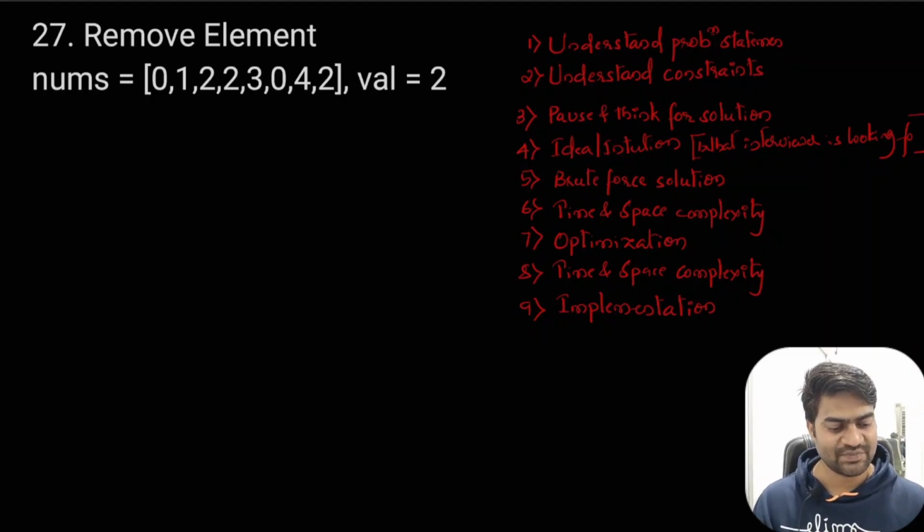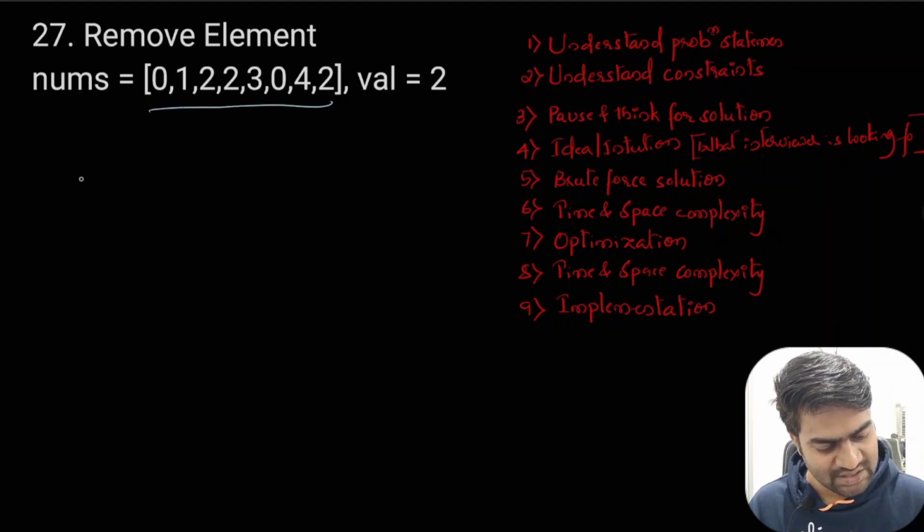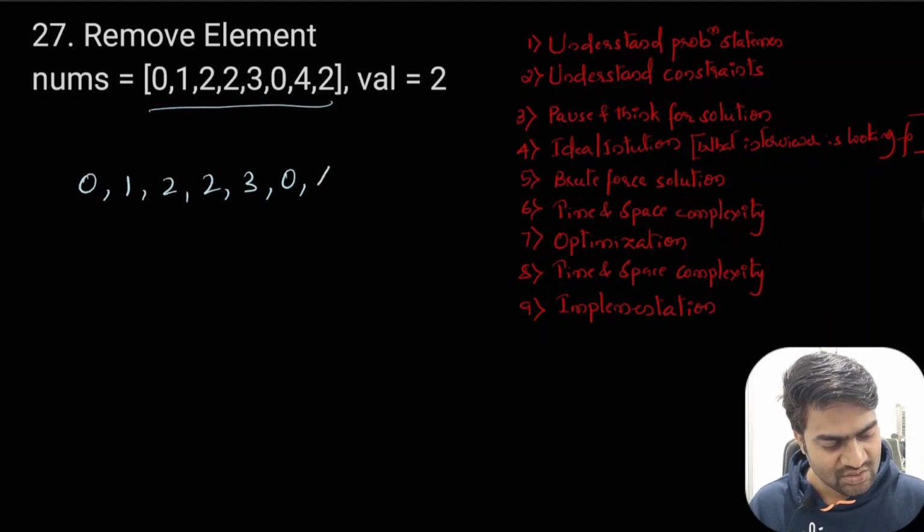What I'm trying to say is that this problem is the same as the previous problem, move zeros towards end. In that problem, let us consider the same example: 0, 1, 2, 2, 3, 0, 4, 2.